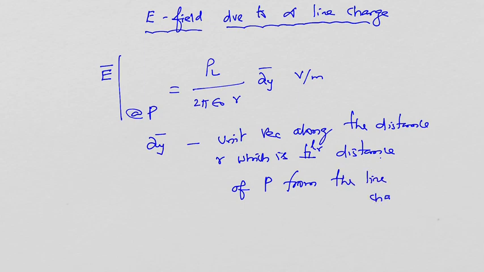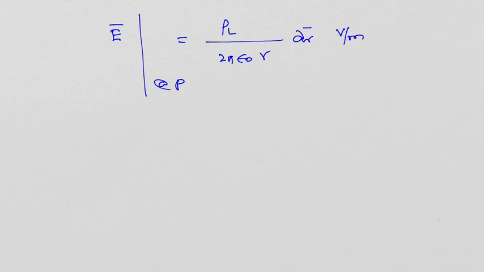The source is line charge. So AY can be considered as AR, right? And R is the distance. So the electric field intensity at a point P at a perpendicular distance of R units along y-axis, when the source infinite straight line conductor is situated along z-axis, is rho L divided by 2 pi epsilon naught into R AR volt per meter, right?